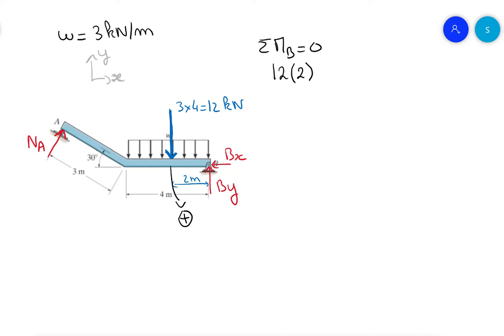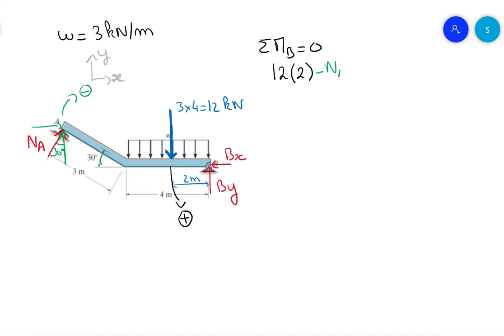we have different options to find the moment about NA. Let's use the vertical component and horizontal component of NA. Okay, we have 30 degrees, and that's the same 30 degrees there. So for the vertical component, let's write everything in green. It tends to rotate in the negative direction.